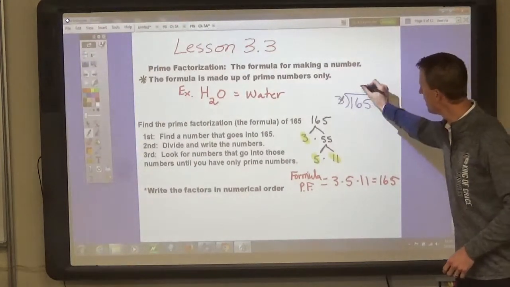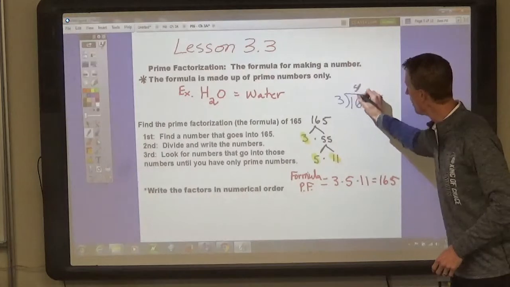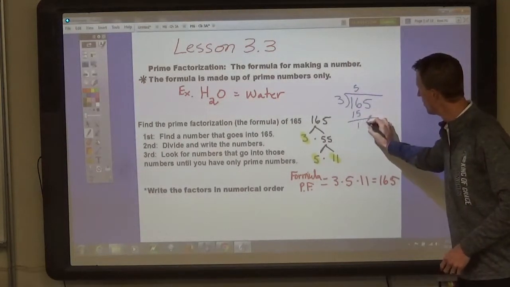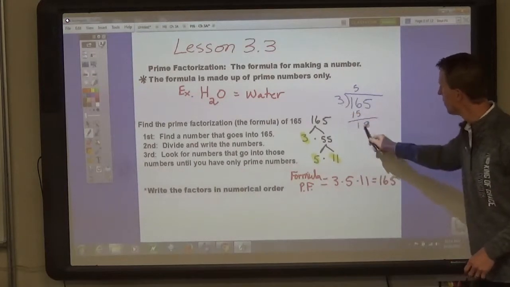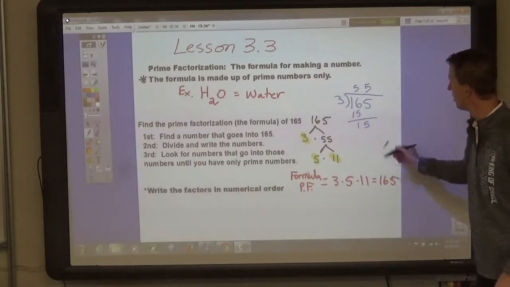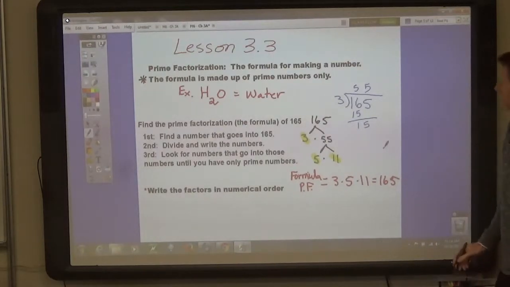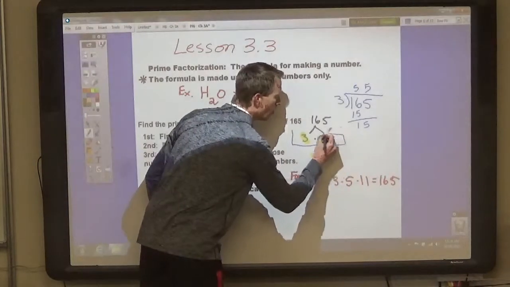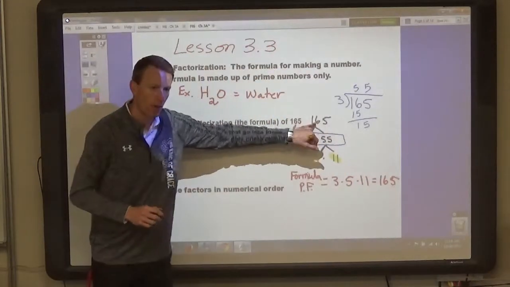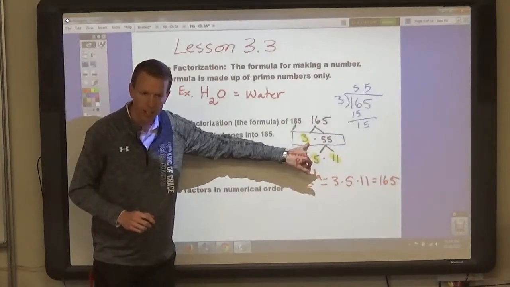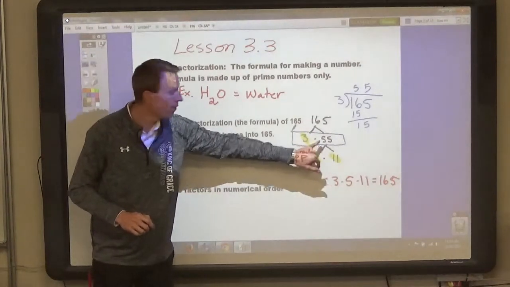3 goes into 16 5 times. 3 goes into 15 5 times. So, where did these 2 numbers come from? When I found 3 and I divided it, what did I get? 55.